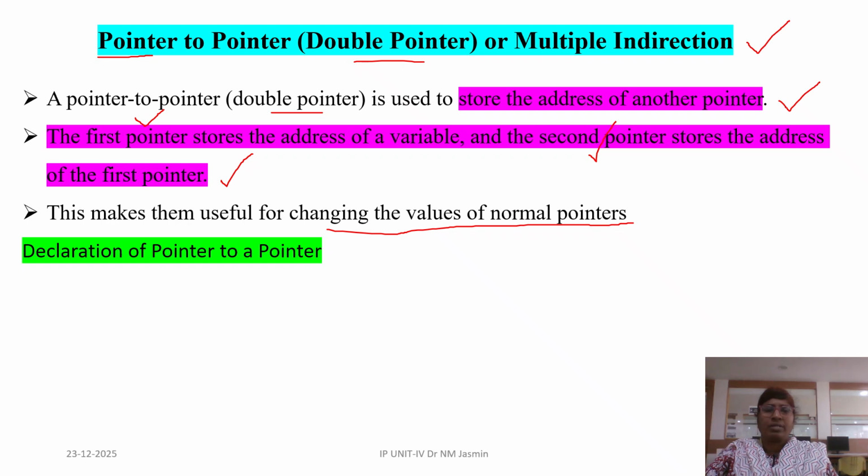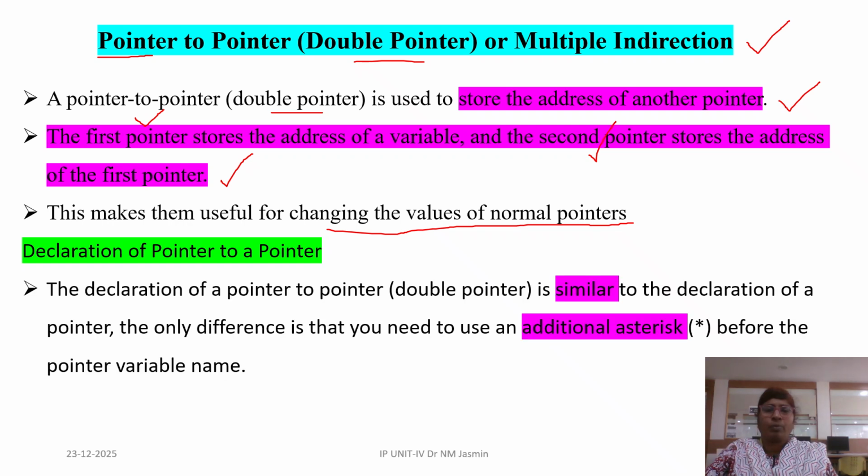Now if you see the declaration of a pointer to a pointer, it is very similar to the declaration of a single pointer. The only difference is that it needs an additional asterisk before the pointer variable name.